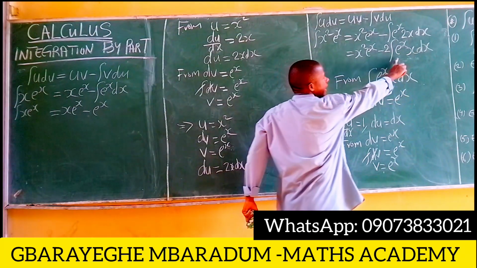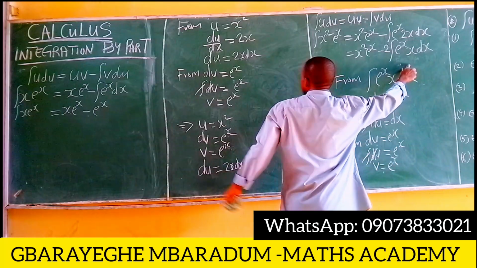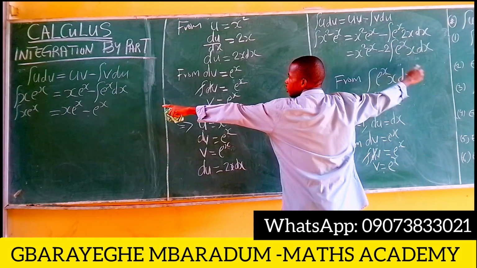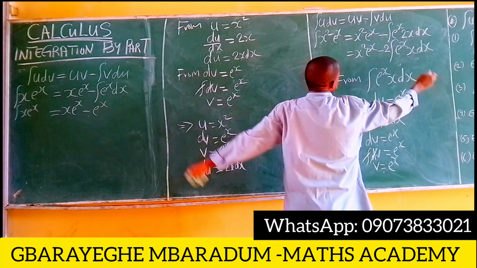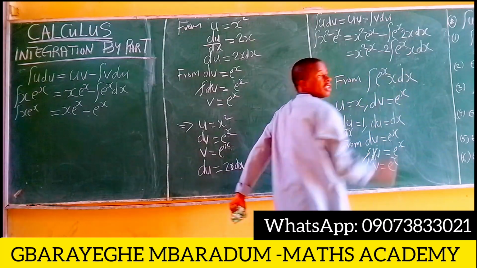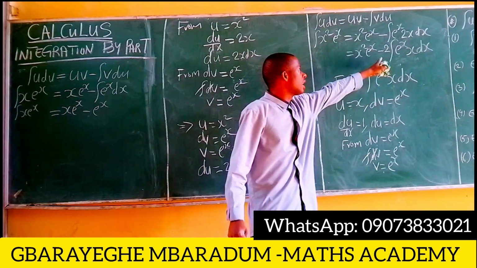Now you know that you integrate this again, and the value of this integral is given here as x exponential x minus exponential x, right? So we are going to substitute back into the main first integration by parts that we made here.